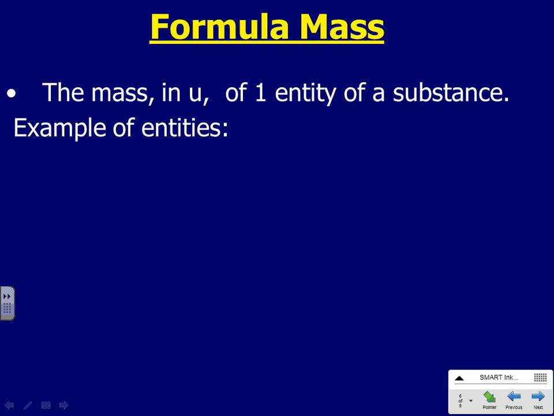So an example of an entity could be something just like Na. If we were to describe Na, what would you describe Na as being in terms of small little chemical things we deal with? Yep. It's an atom. Has no charge. It's just an atom. I could have something like this.